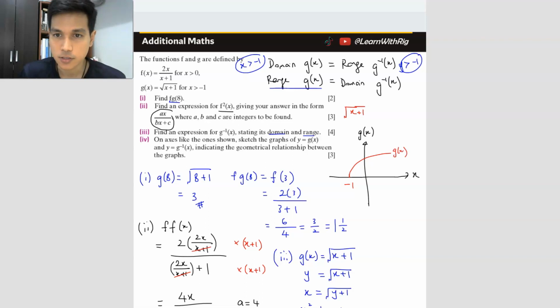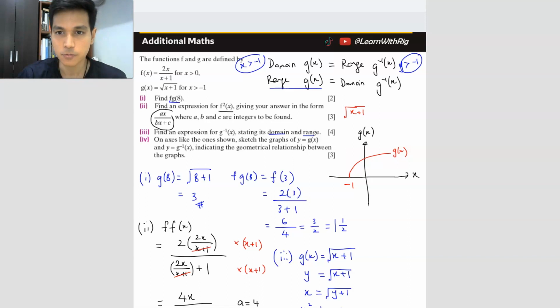If you notice, the domain is from -1 to infinity. That's why x is going to be from -1 to infinity, which means it just has to be more than -1. And what's the range? The range is going to be from 0, because you're starting from 0, all the way to infinity, as high as possible. It doesn't stop.